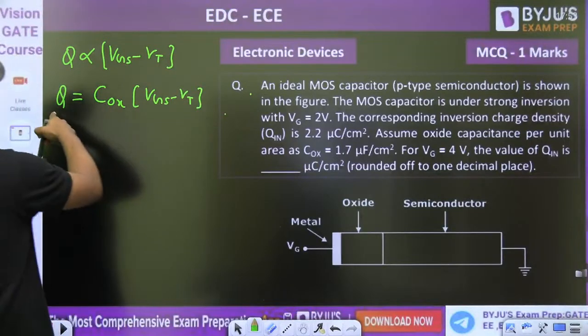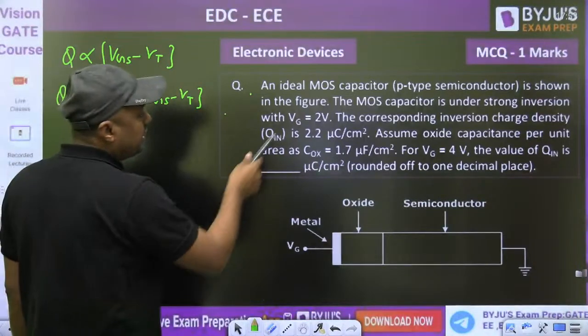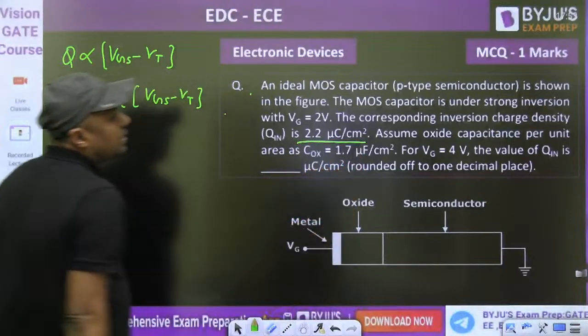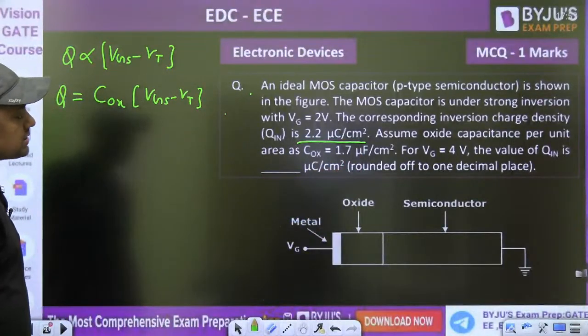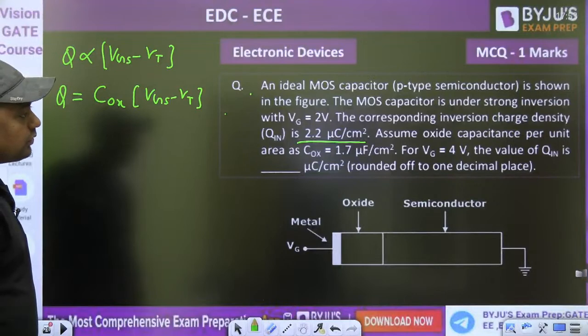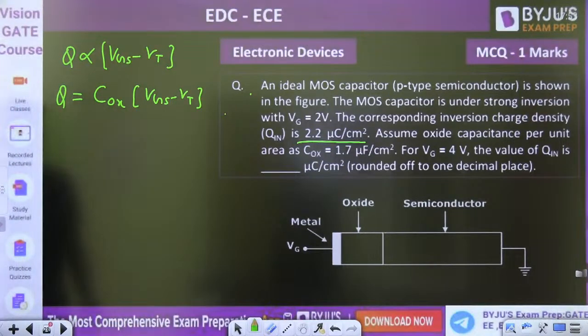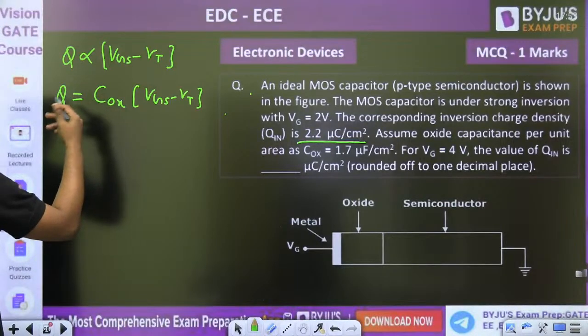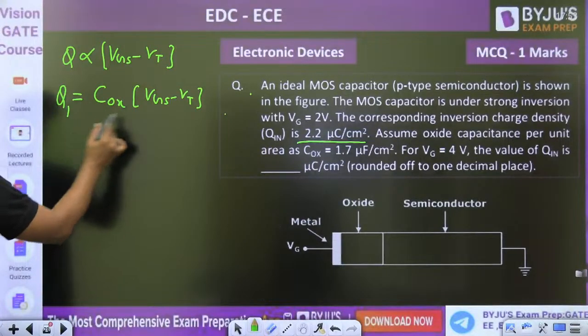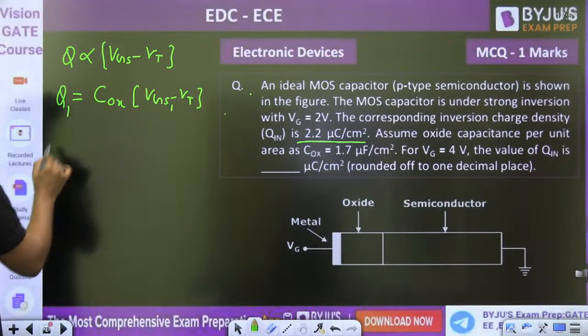This is the charge per unit area. COX is equal to 1.7. For Vg equal to 4 volt, the value of Q inversion is asked. Again we can use two formulas, Q1 with VGS1 and Q2 with VGS2.